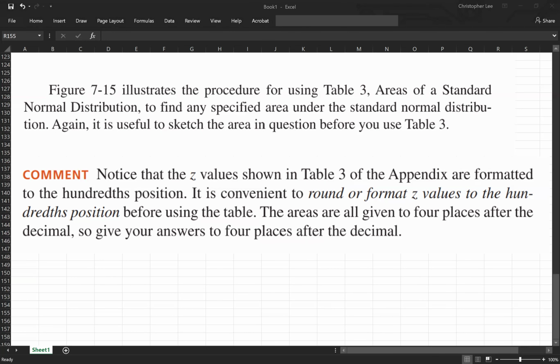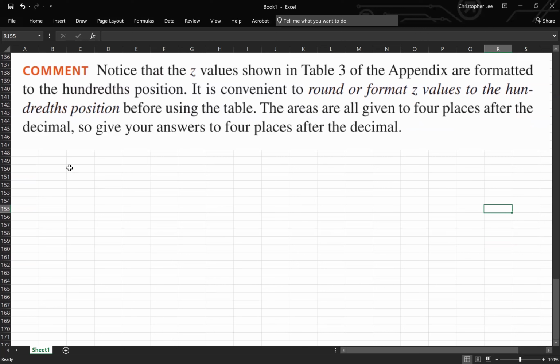Wait, Professor, but now it's getting a little confusing. How is this one Z2, and not Z1? What made it Z2? Because I want the area in between two Z's, Z1 and Z2.